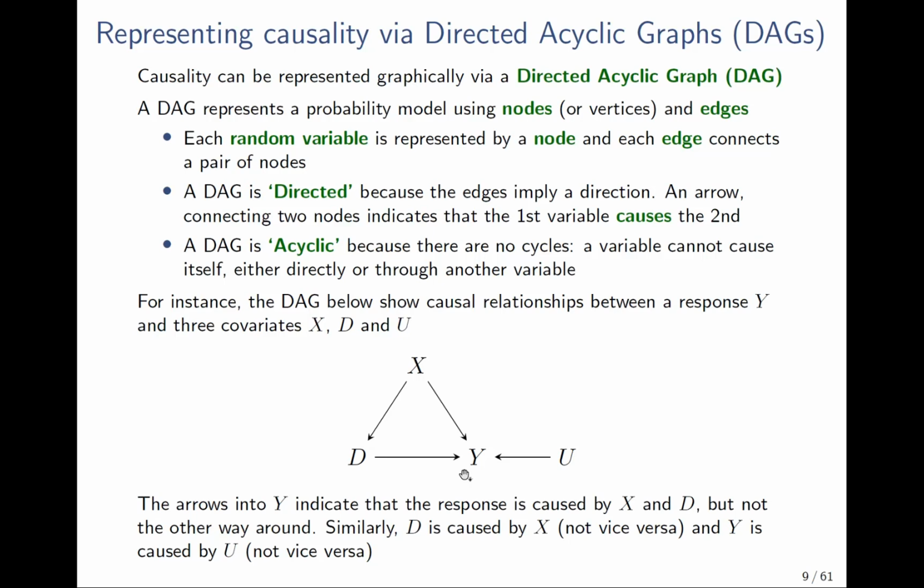The arrows into y indicate that this response is caused by x, d and by u, but not the other way around. Similarly, d is caused by x, but not vice versa, and y is caused by u, but not vice versa. So that's an example of a directed acyclic graph. It's really that simple. Nodes are random variables, they're connected by edges, and the direction of the edge gives us the causality that's assumed in the model.